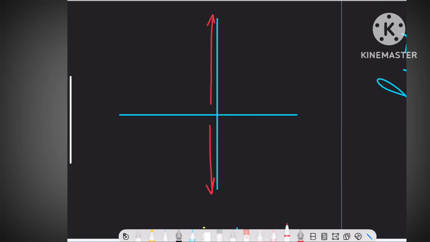And the vertical line here is the y-axis.